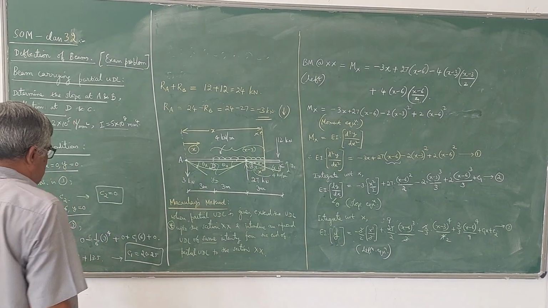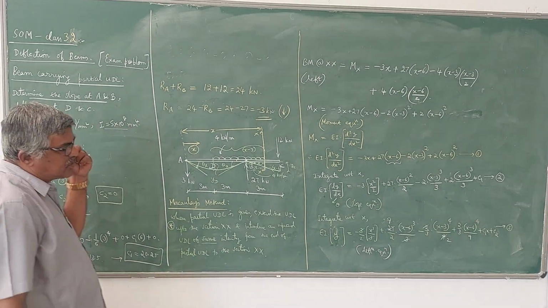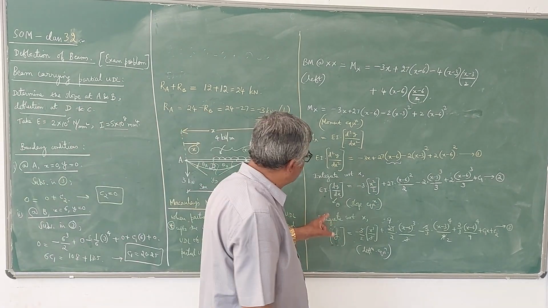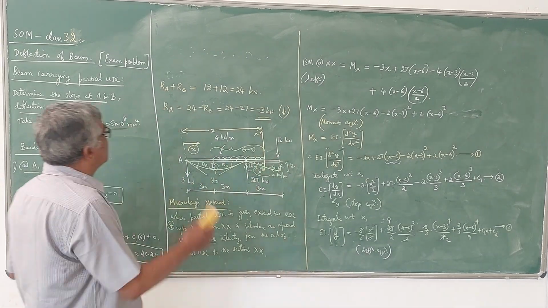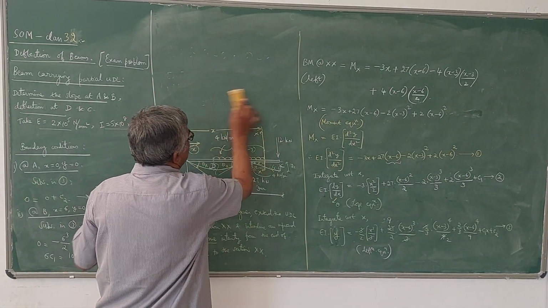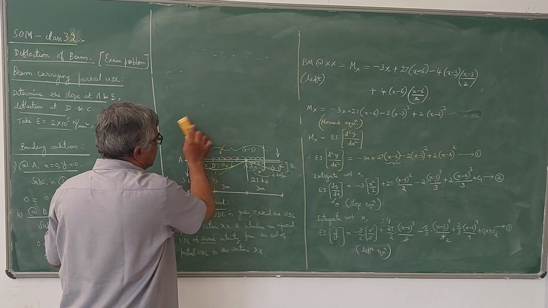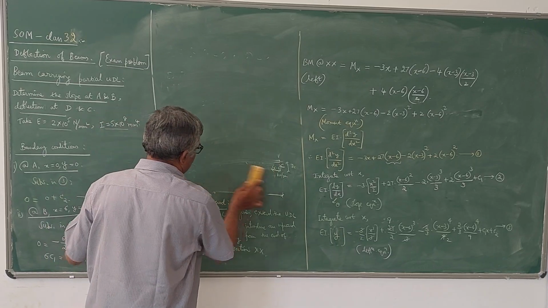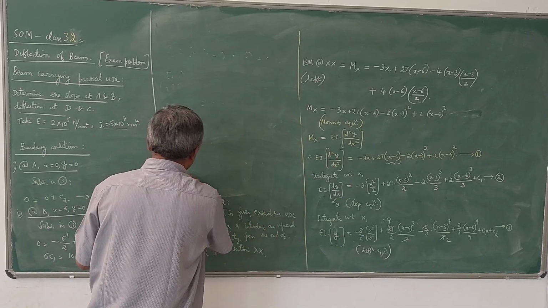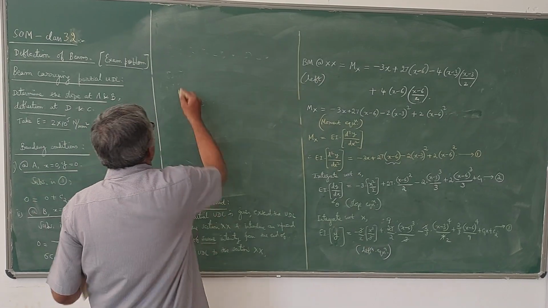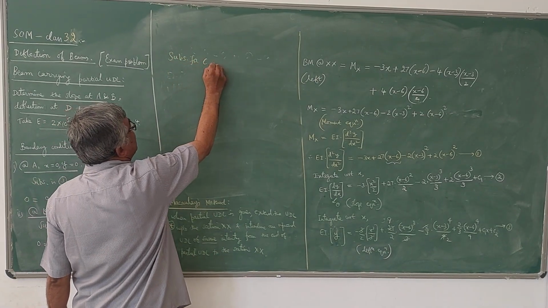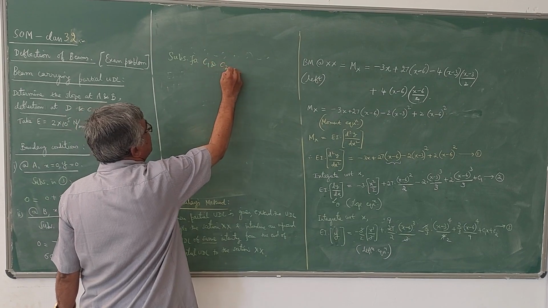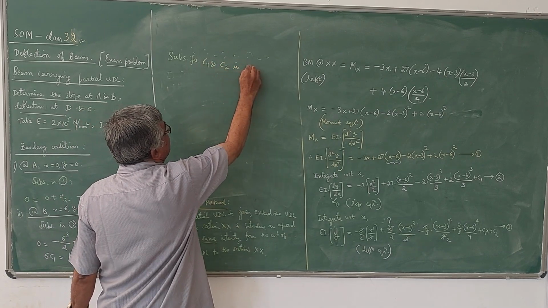Now once you get these two values, you can substitute back those values in 2 and 3 to get the general slope and deflection equations. Now substituting for C1 and C2, I will write here, substituting for C1 and C2 in 2 and 3.